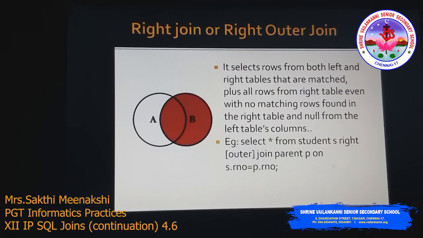In both the tables the column name should be same. And then in the resultant output you will be getting only one pair of columns. So that is called natural join. Right, left join you will be getting all the values from left table and matching records from right table. Right join, all the values from right table and matching records from the left table. So that's all about the joins.